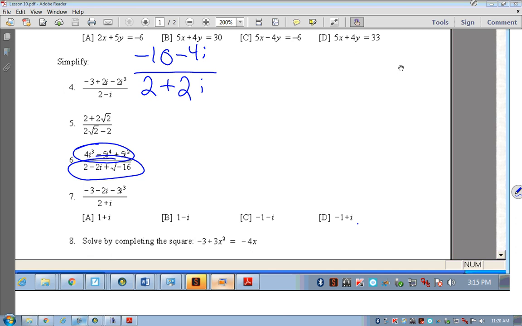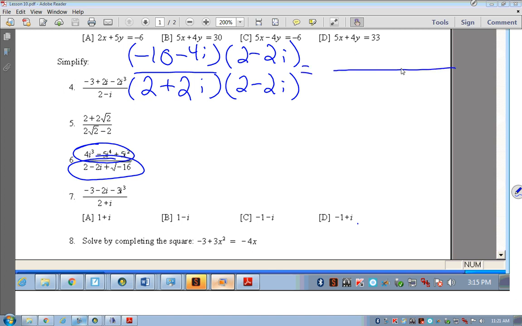The next step is the step that we're learning today, which is how do I rationalize that denominator? And we rationalize it by multiplying by the conjugate of the denominator. And the conjugate of the denominator is simply the denominator, but with the opposite sign in the middle. Okay? And now what I do is I FOIL the numerator and the denominator, and then I'll simplify them whenever I'm all done. So negative 10 times 2 is negative 20.